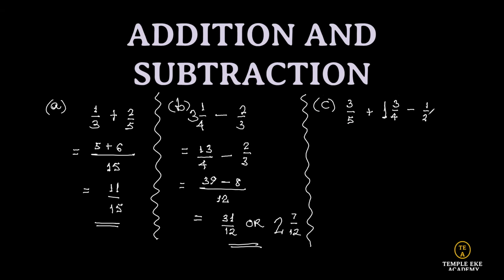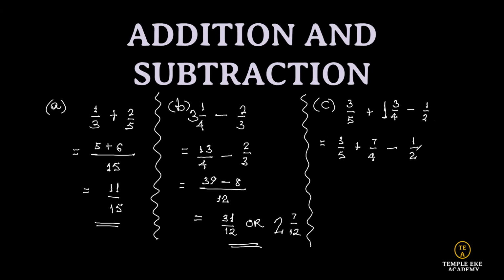The best practice here is to express the numbers as single fractions. 3 over 5 is a single fraction already. 1 over 2 is a single fraction, a single numerator and a single denominator. But this is mixed, so we have to convert the mixed fraction into a single form. That means we're going to have 3 over 5 plus, let's convert now, 4 times 1 is 4, plus 3 gives us 7 over 4. And then we have minus 1 over 2.